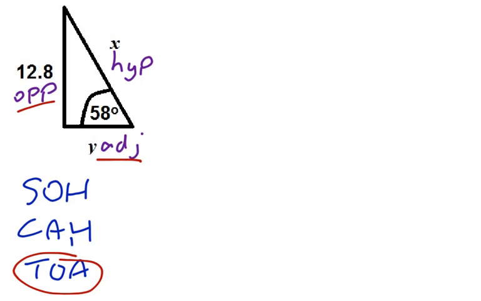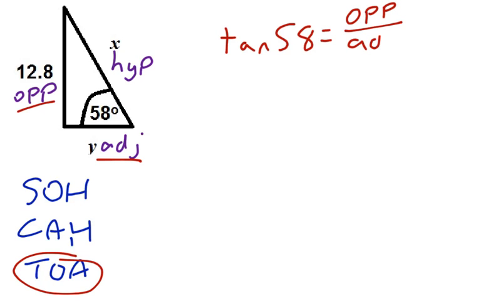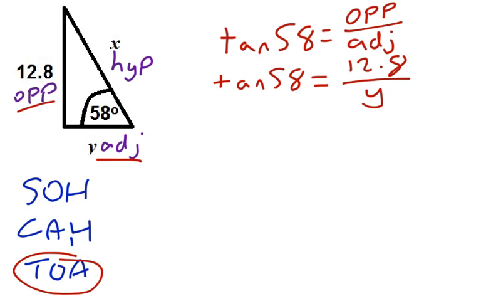So that's tan. So now we have tan of 58 equals opposite over adjacent, and in this case tan of 58 equals, well, the opposite is our 12.8 and the adjacent is y.